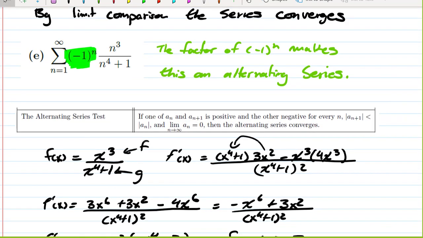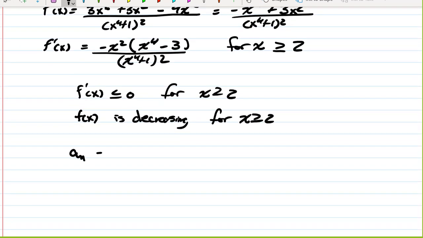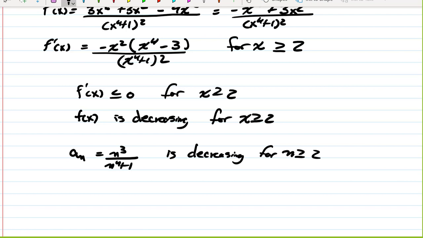But f of x was really just our a sub n. So a sub n equals n cubed all over n to the fourth plus 1 is decreasing for n greater than or equal to 2.